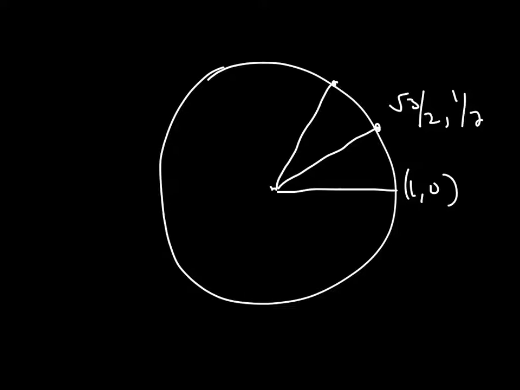At 45, I have 1 over square root of 2, 1 over square root of 2. And at 60, I have 1/2 and square root of 3 over 2. So this is where the unit circle is going to come from. And we'll talk a little bit more about more pieces of the unit circle as we go. But this is where those measurements actually come from.